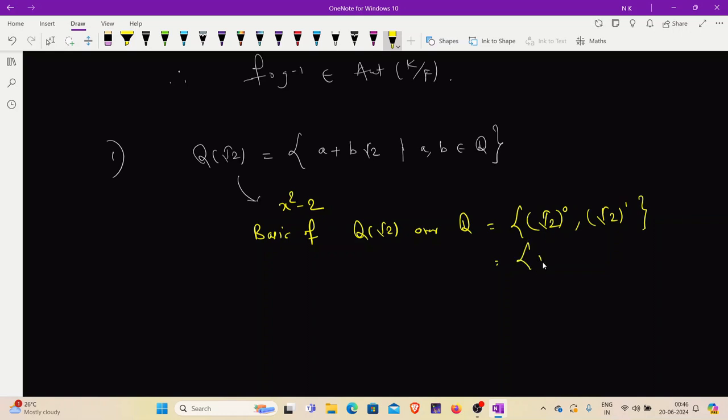So root 2 raised to 0 is 1, the first power is root 2. So the basis of Q root 2 over Q is 1 and root 2. So every element of Q root 2 is a linear combination of 1 and root 2. So that's why elements of Q root 2 look like a plus b root 2, right?